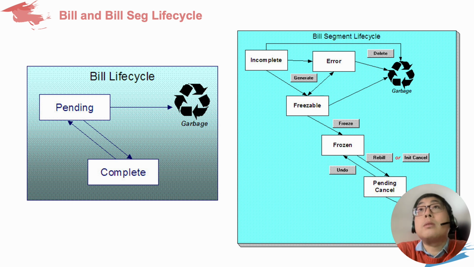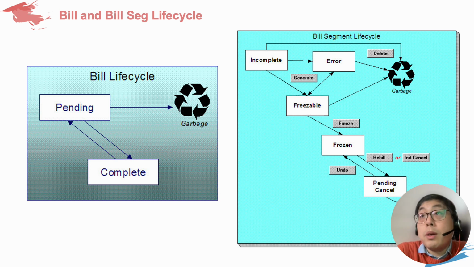On the right hand side, we have this bill segment. It is a bit more complex because in general, bill doesn't require user intervention, but bill segment does in some cases, because if there is an error or if there is something to review, we will normally go to a bill segment and look at the details, because all the calculations are actually happening on bill segments.